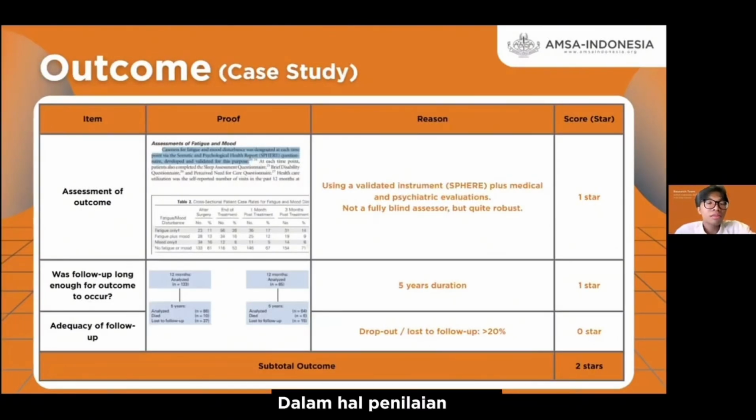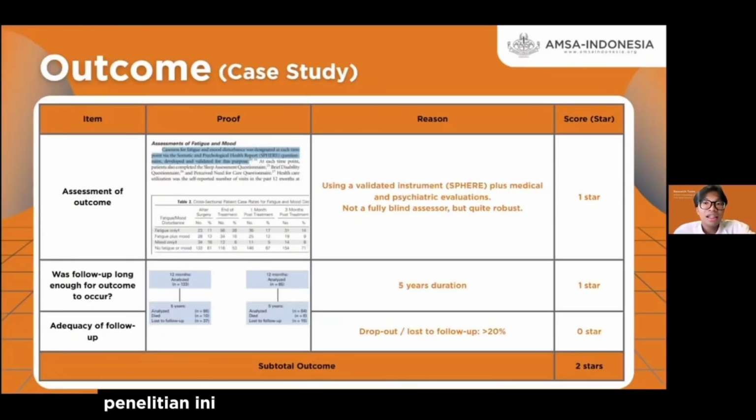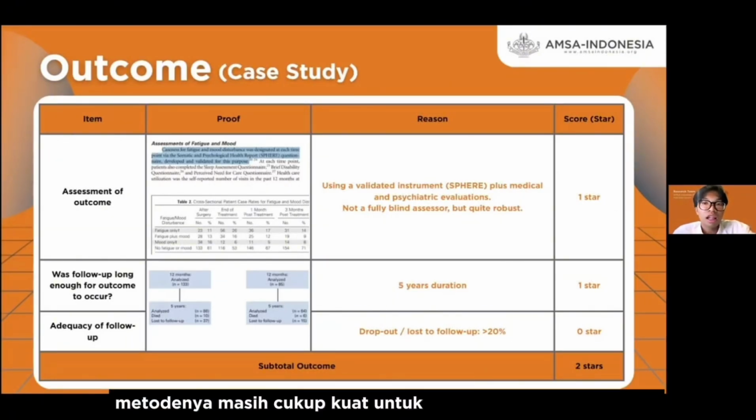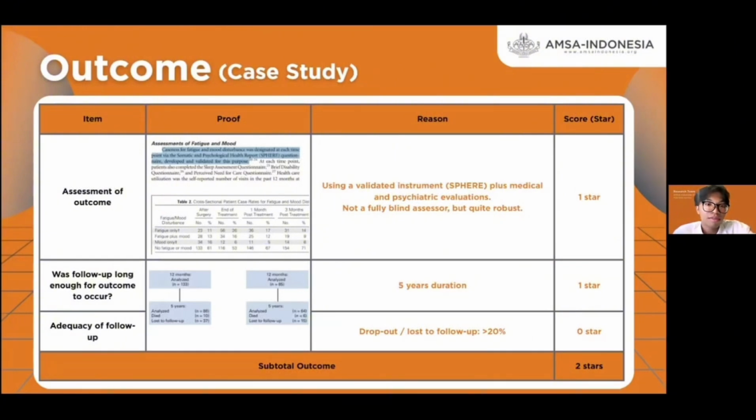In terms of assessment of outcome, this study used validated instruments such as FAIR along with medical and psychiatric evaluations. Although full blinding of assessors was not implemented, the methods are still robust enough to merit 1 star.